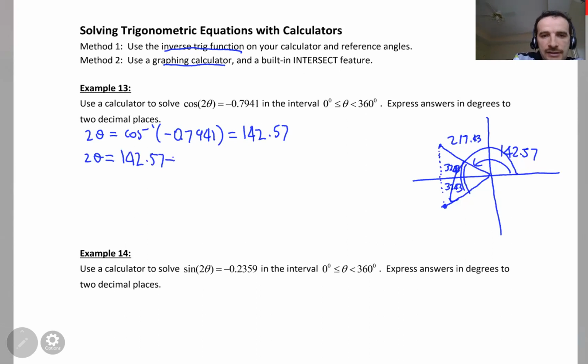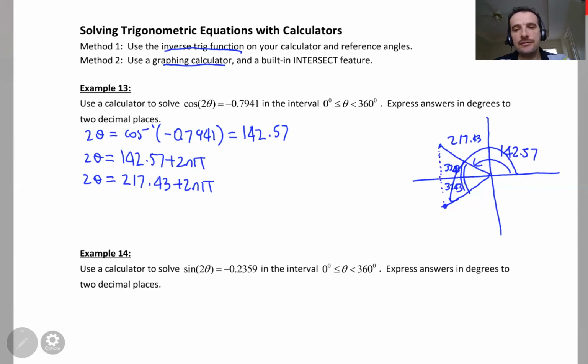So 2 theta is equal to 142.57 plus 2n pi, and the second solution gives 2 theta is equal to 217.43 plus 2n pi. But remember, we would like to solve not for 2 theta, but theta. So we should solve for theta in each equation, and I can just divide both sides by 2.